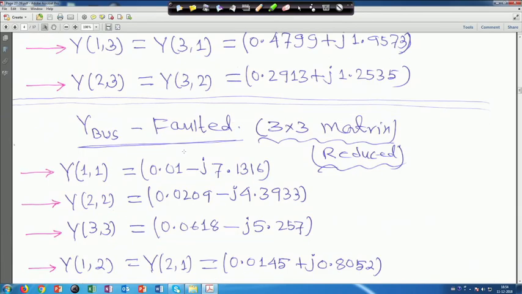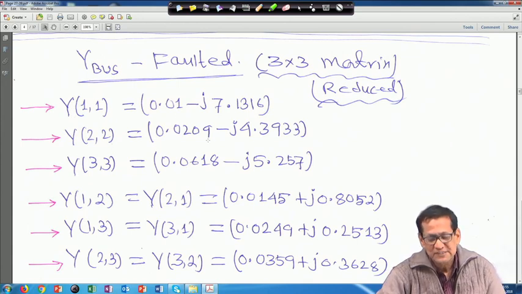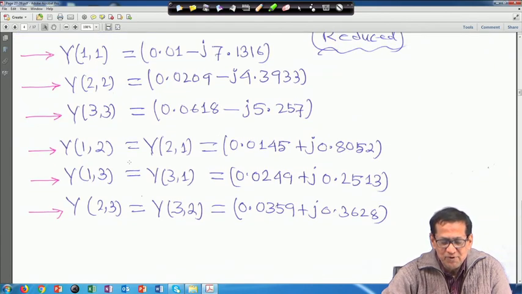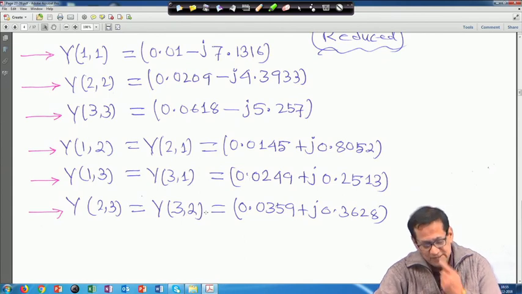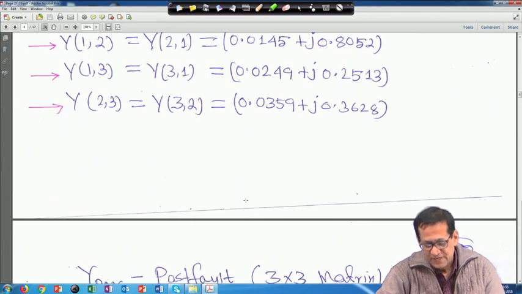And y bus faulted, the reduced one, will be a 3 into 3 matrix after reduction from 7 into 7. Y 11, y 22 and y 33 are given, and y 12 equals y 21, y 13 equals y 31, and y 23 equals y 32 are given.